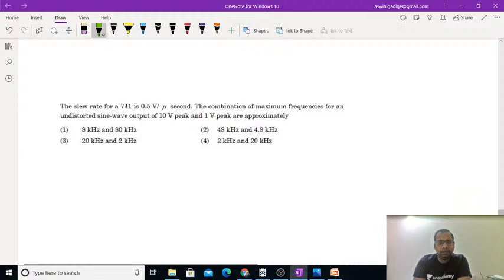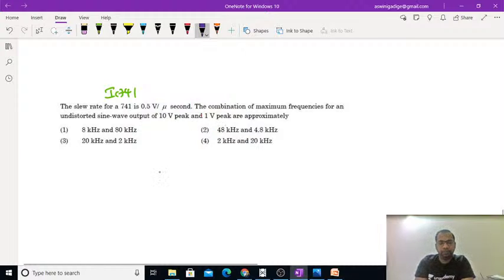Next, the slew rate for 741, that is IC 741, is 0.5 volts per microsecond. The combination of maximum frequencies for an undistorted sine wave output of 10 volt peak and 1 volt peak are approximately.